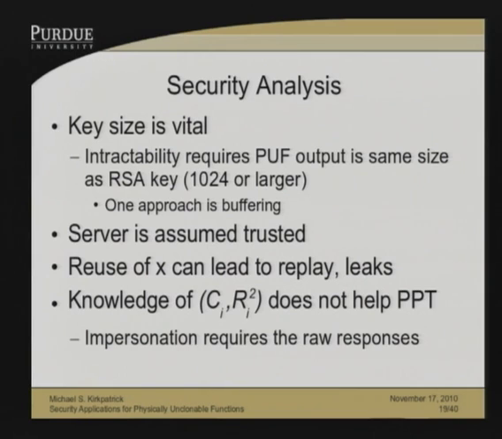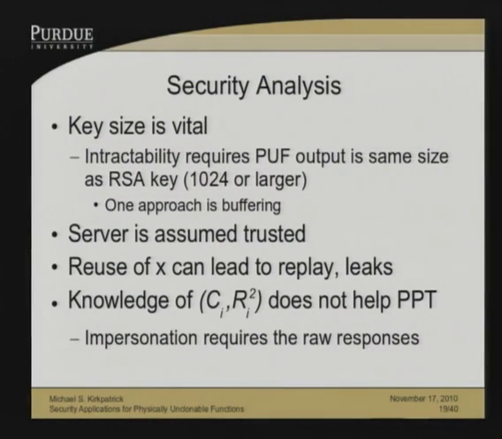If we look at some of the details of the security analysis here, the first thing that comes into play is that the key size, or the size of the PUF, is vital. Because one of the details I didn't mention earlier is that the intractability assumption regarding modular square roots requires the size of the modulus to be approximately the same as the size of the modulus for RSA.